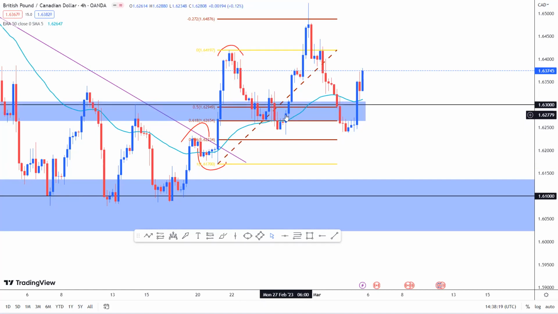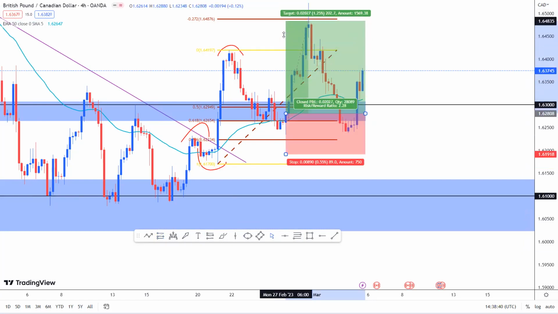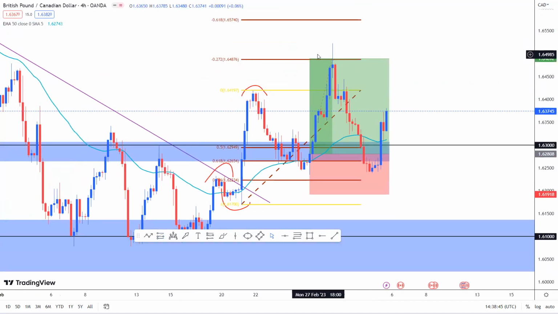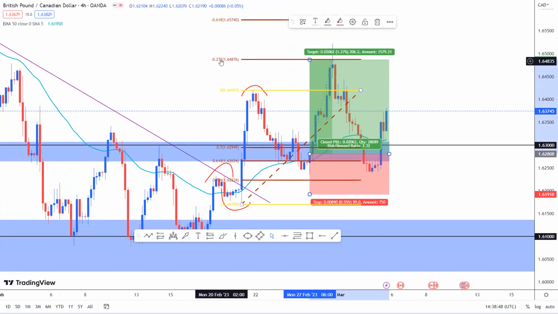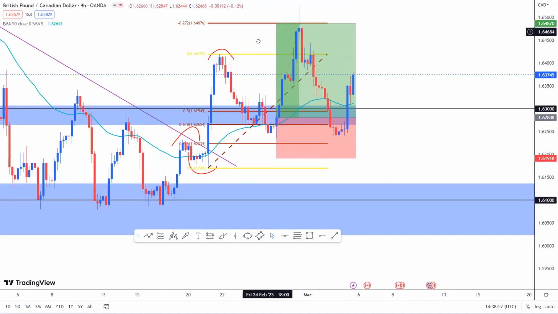Well, the close of this bullish engulfing momentum candlestick right here would have been a perfect entry signal for longs. And then we'll be targeting, our target was the negative 27.2 Fibonacci level.